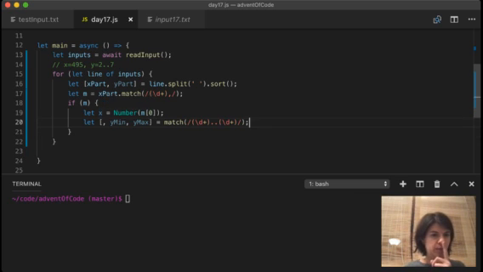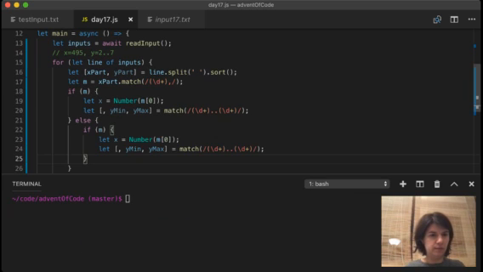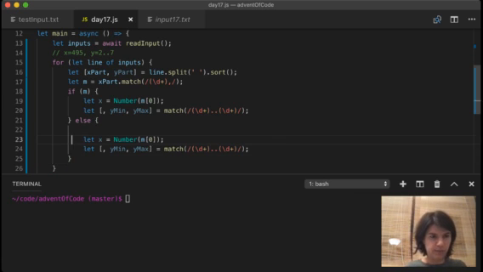What do we need to keep track of? The mins and the max, probably. So I don't know the size of my grid yet.